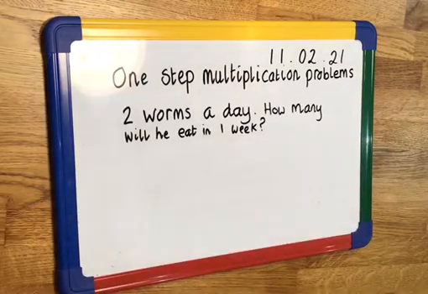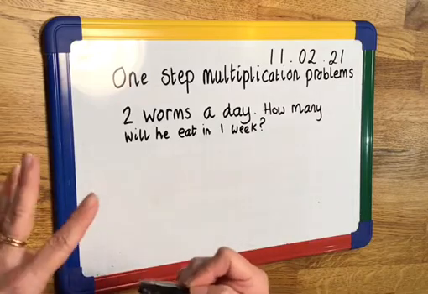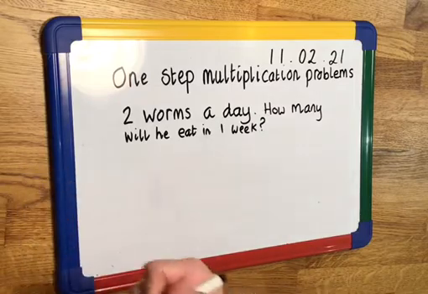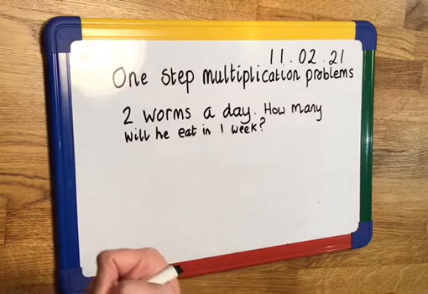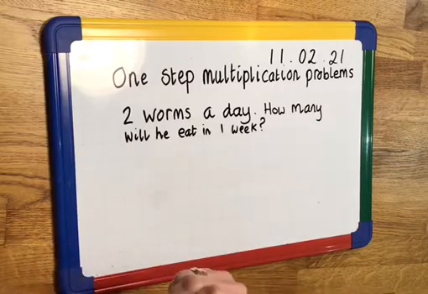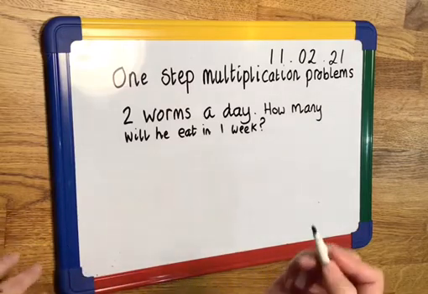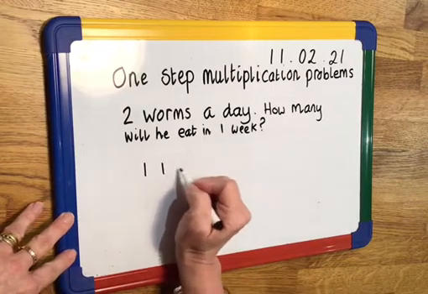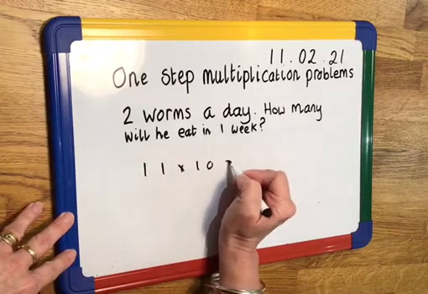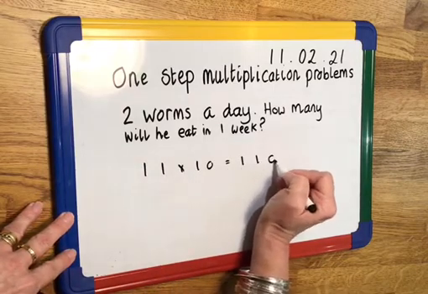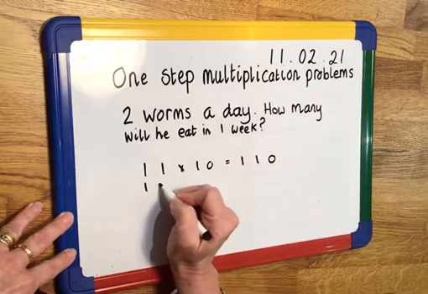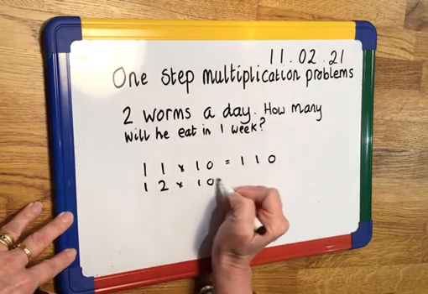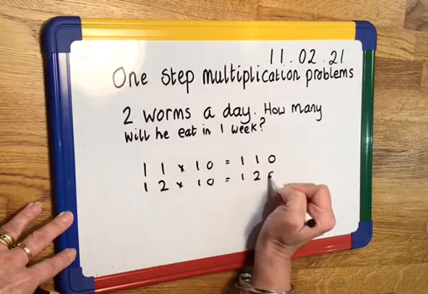Now, children, just before we move on to our next element in our lesson, let's just practice writing the 110 and the 120. I know this can sometimes cause a few problems. So, 11 times 10 is 110, and 12 times 10 is 120.